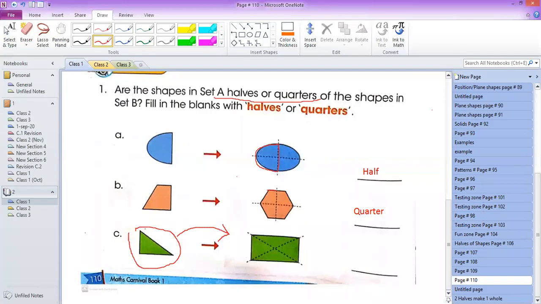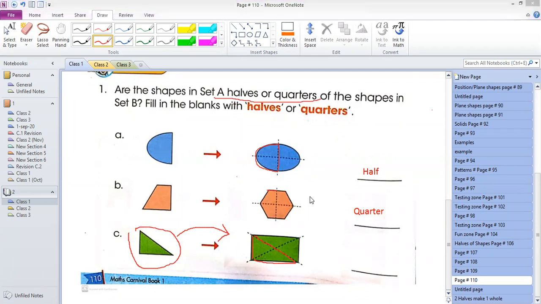This is exactly half. If you look at this part where this quarter and this quarter are meeting, two quarters will make half. Look at this. This quarter and this quarter is making this half.